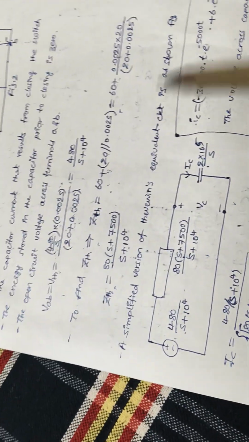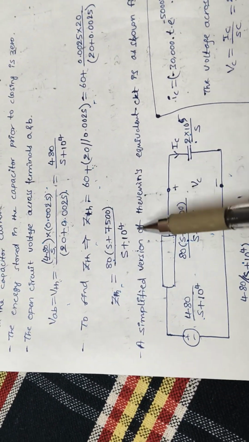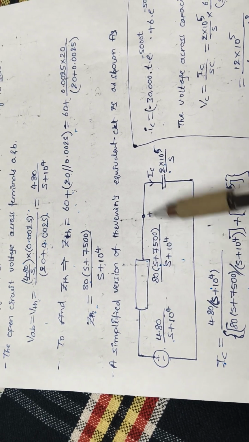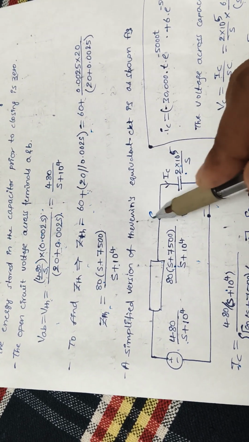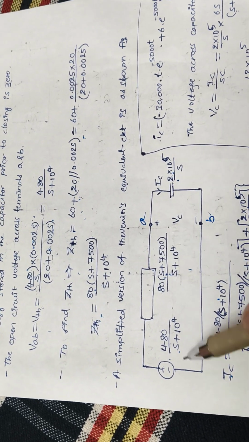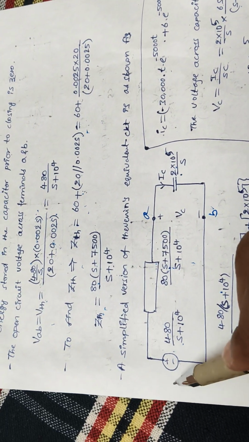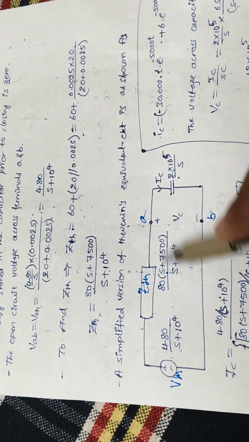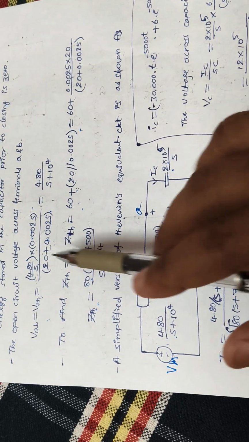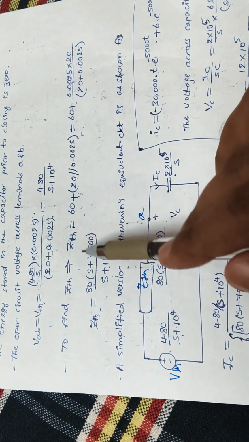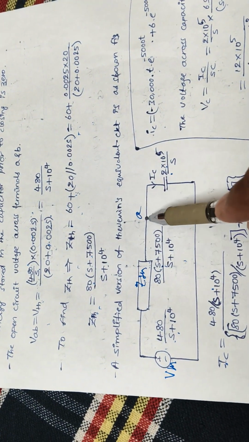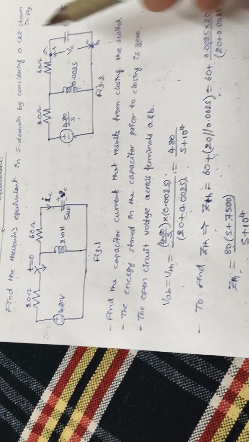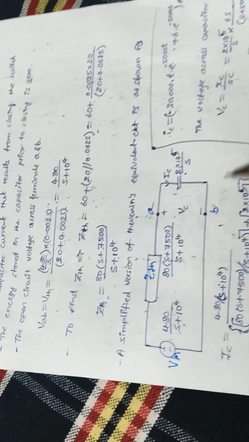So now you know the VTH and ZTH, you can draw the equivalent circuit diagram. Replace the capacitance between the A and B terminals with the voltage source VTH in series with ZTH. Already we know the VTH and ZTH, and the capacitance is placed back as it is, which we removed earlier.